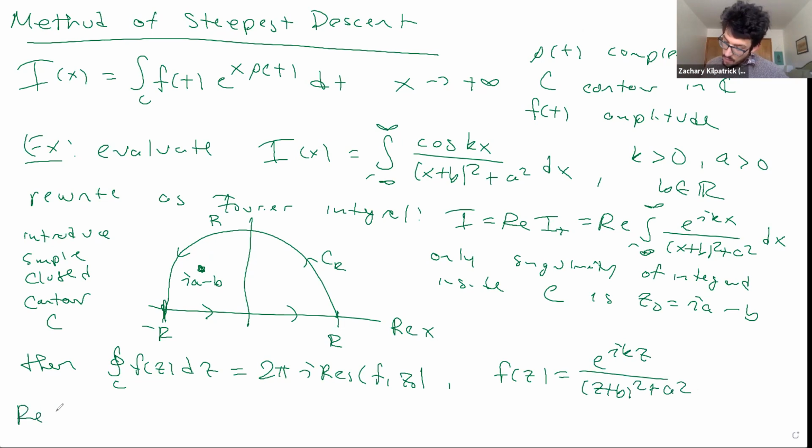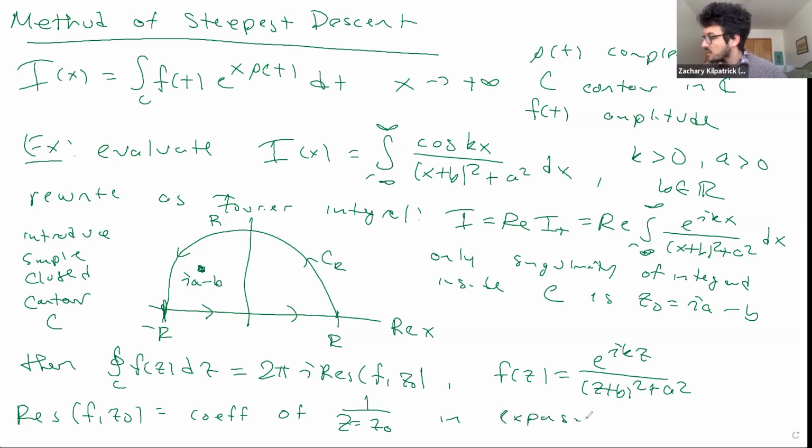Our residue is going to be the coefficient of 1 over z minus z0 that we could get by partial fractions, the expansion near z0. To figure out what this is, we just need to factor out this quadratic here. So let's do that.